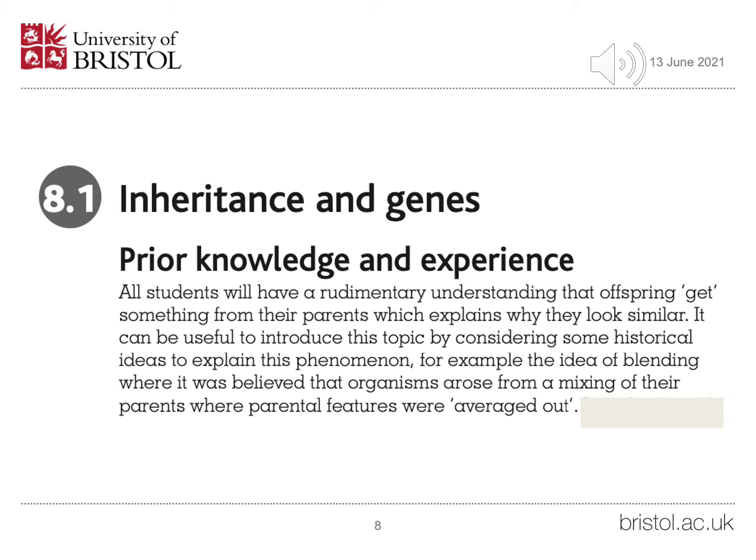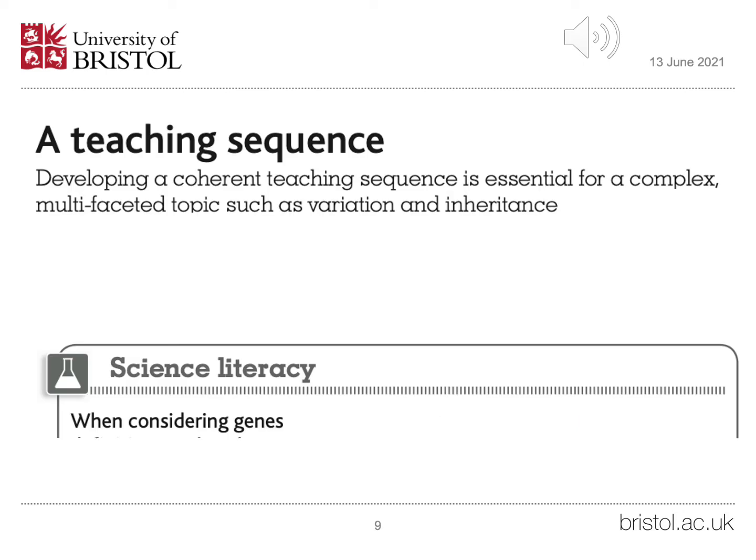The chapters have certain key features which we hope will be useful to teachers, such as regularly considering prior knowledge and experience, and teaching sequences. There are regular boxes distributed throughout the text. This one is about scientific literacy.